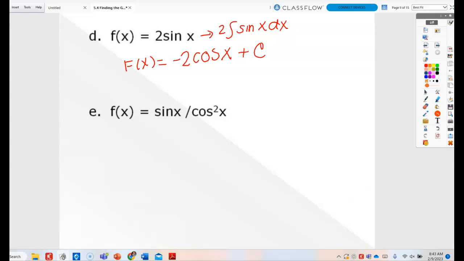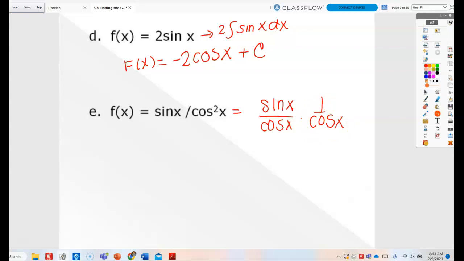Okay, f of x equals the sine over cosine squared. So you have two choices. We don't really have a rule for sine over cosine squared because we don't have a reverse quotient rule. So what you have to do is kind of think of this as sine x over cosine x times 1 over cosine x.